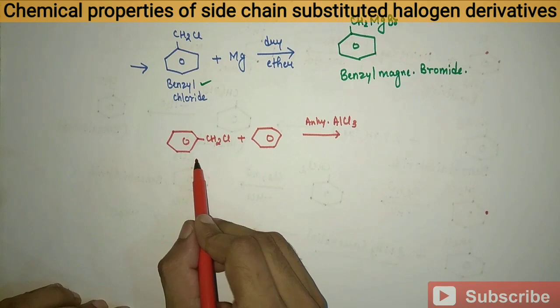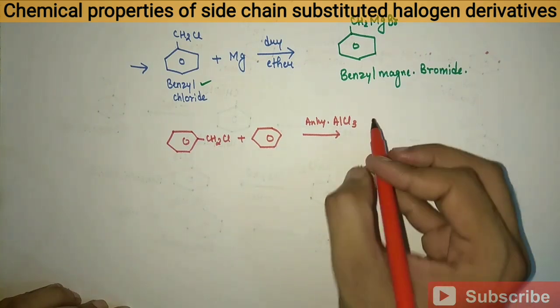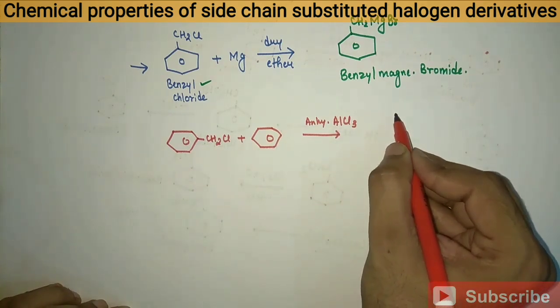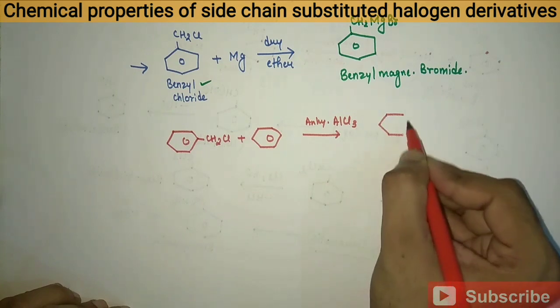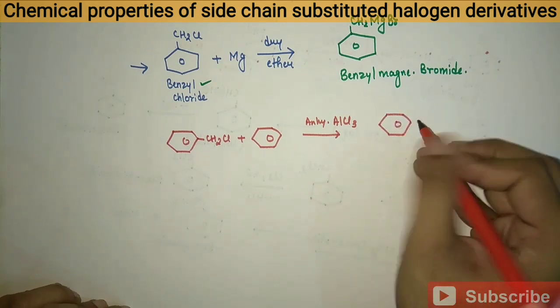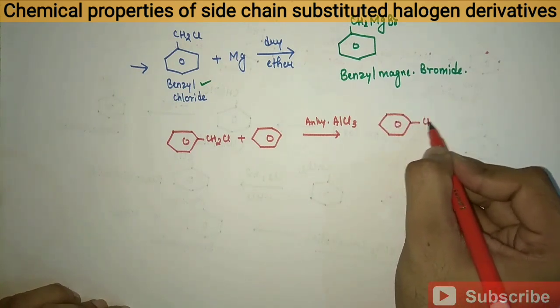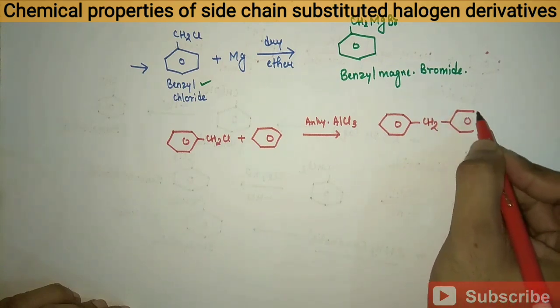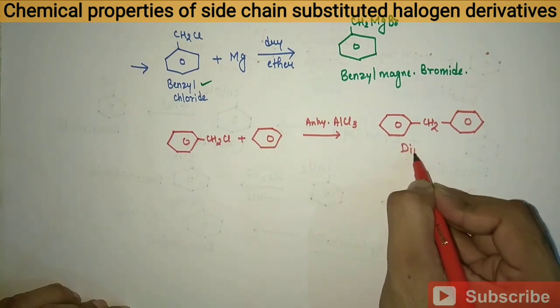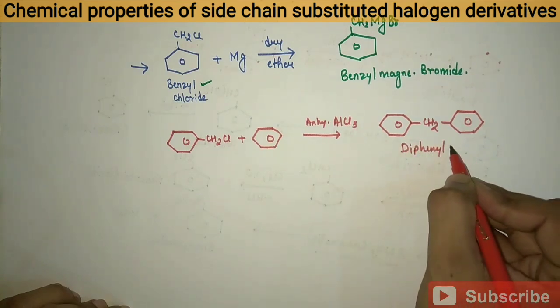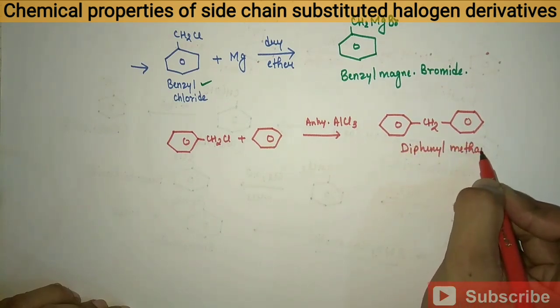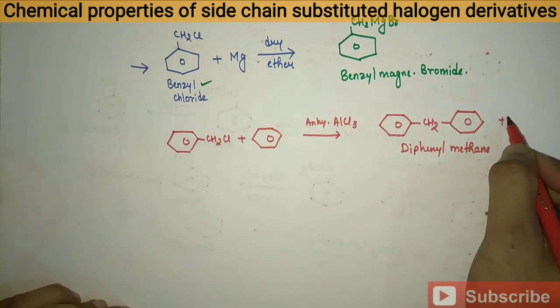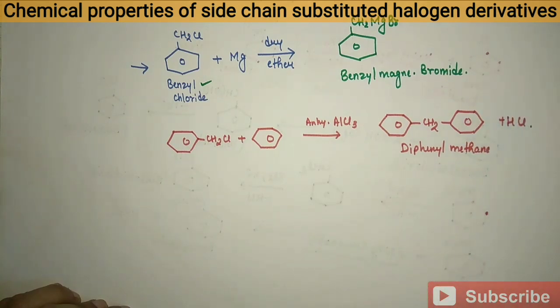So whenever benzyl chloride reacts with benzene in the presence of anhydrous AlCl3, it will form the diphenylmethane. This is known as diphenylmethane. Okay, and the HCl will be byproduct.